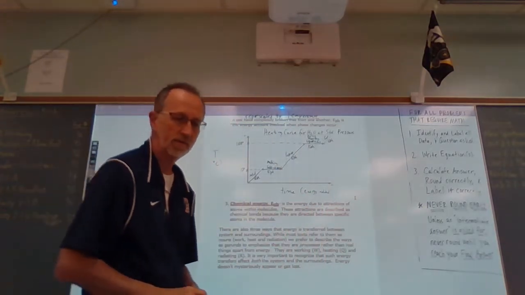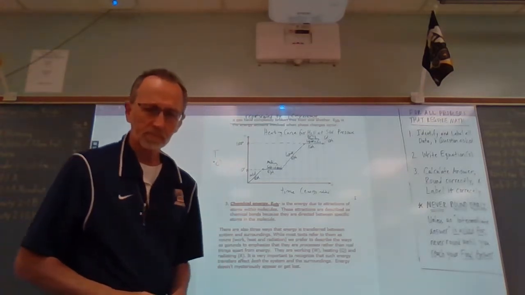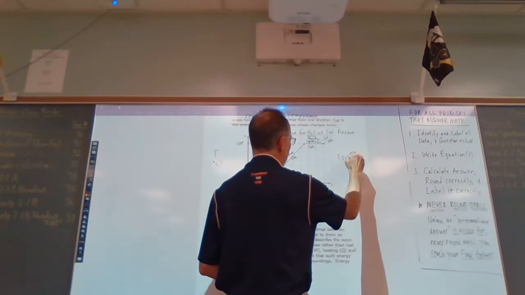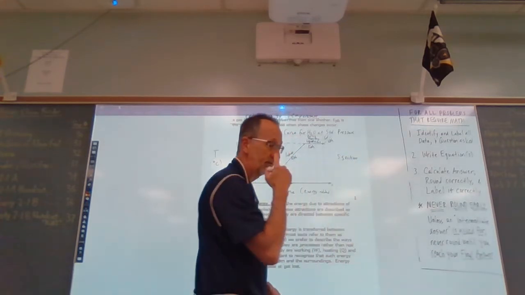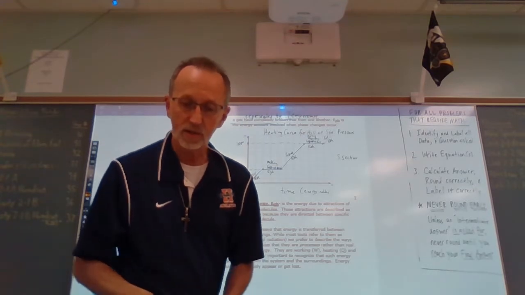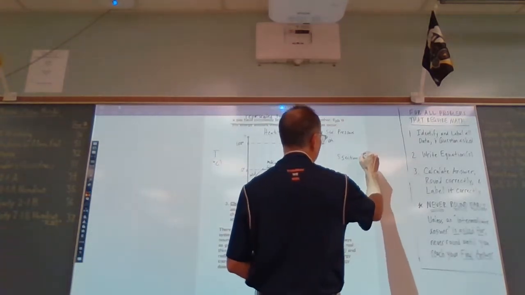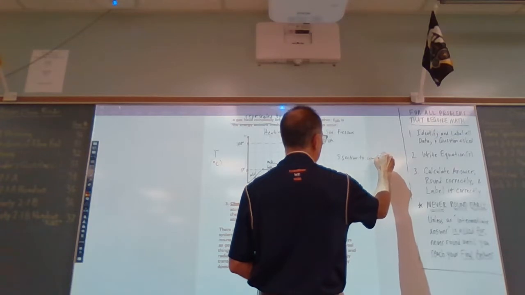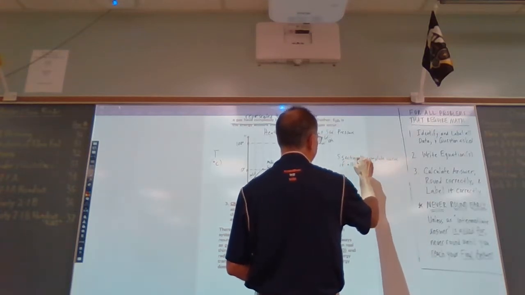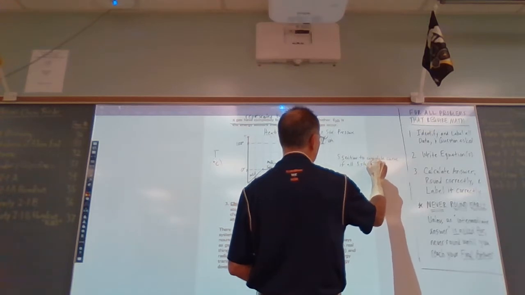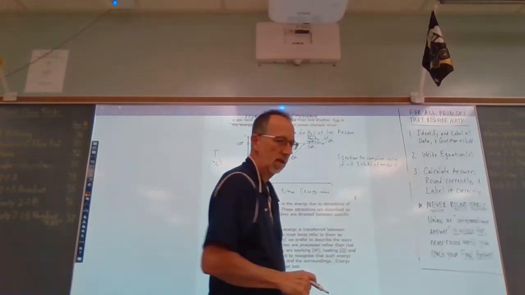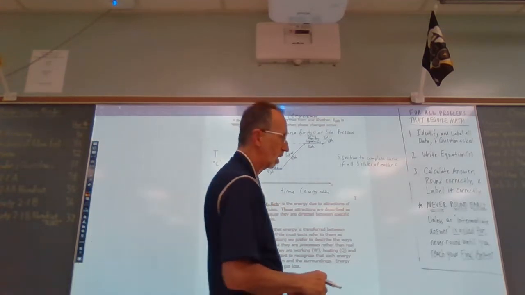It's a heating curve. And as you can see, there are 5 sections of this graph, 5 sections to complete the curve, if all 3 states of matter and both phase changes occur.